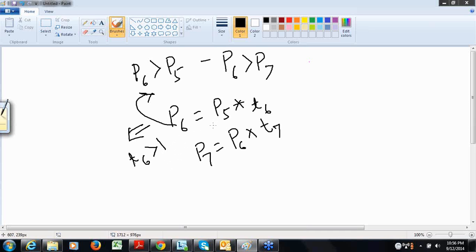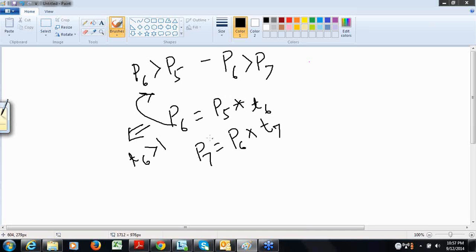Okay, T6 and T7 are term 6 and term 7. So Pn is the product of n terms of a GP. So P6 will be the product of 6 terms of GP. So 6 terms of GP will be what? Product of 5 terms of GP into the 6th term.